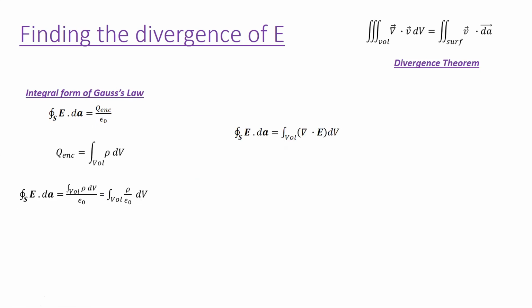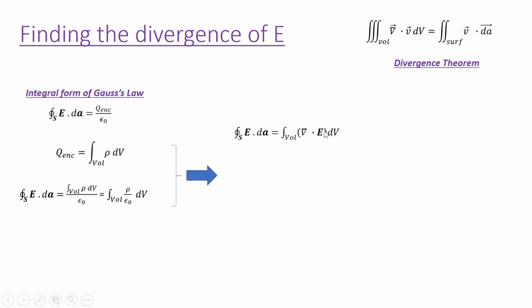All right, now we bring in the divergence theorem, which says that, since the electric field is a vector and this theorem applies to any vector, the surface integral of the electric field is equal to the volume integral of the divergence of the electric field.